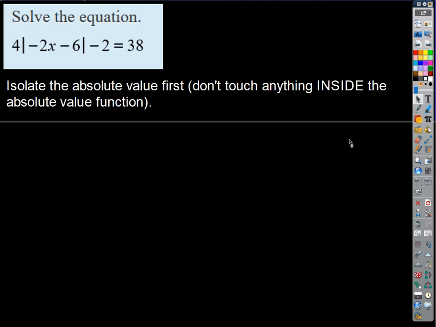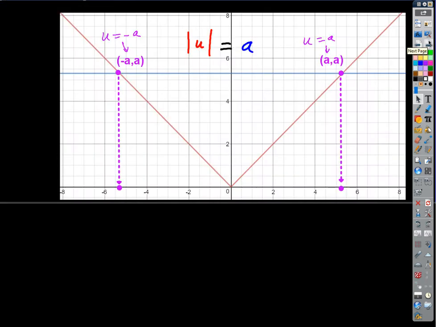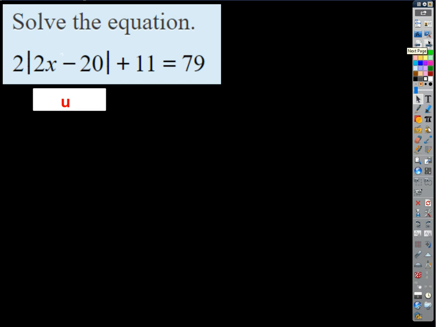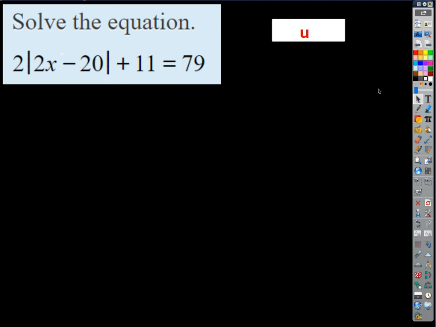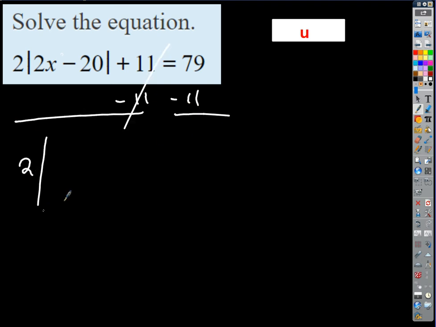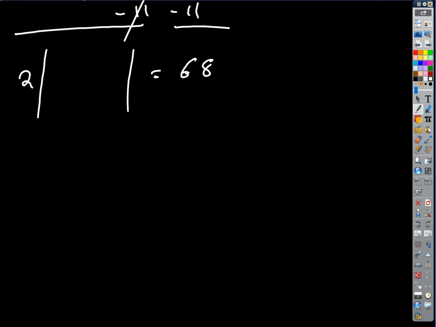Okay? All right, so what would the steps be? Let's just walk through this one really quick. Okay, good. So we're going to subtract 11 on both sides. I get 2 times the absolute value of something, we don't care, is equal to 68. If I divide by 2, then I get the absolute value of some stuff equals 34.